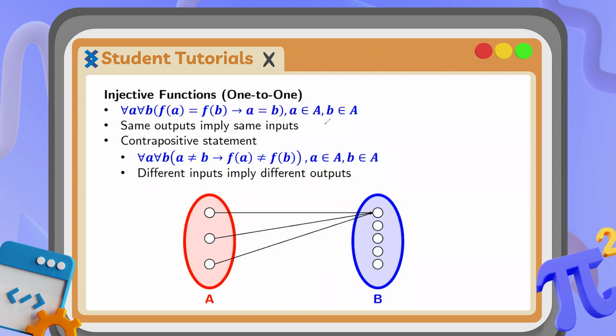So let's go to another example. If we have elements 0, 1, and 2, and then we have element 4. 0 maps to 4, 1 maps to 4, 2 maps to 4. So with this, we can see again, these inputs share the same output. And because of that, we can say that this function is not an injective function.